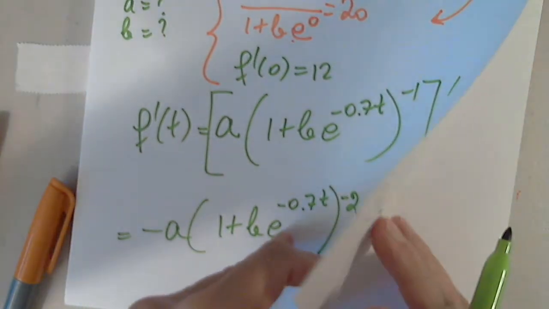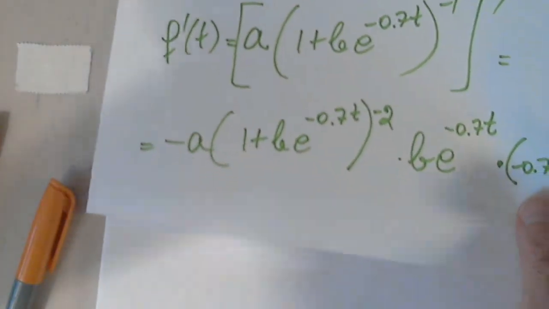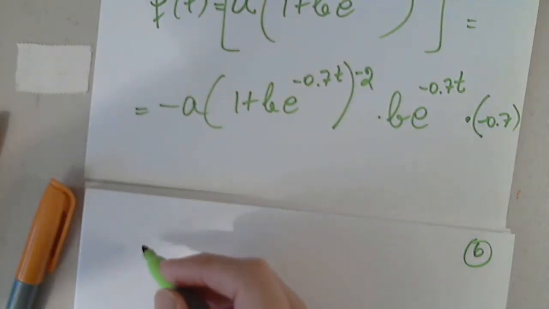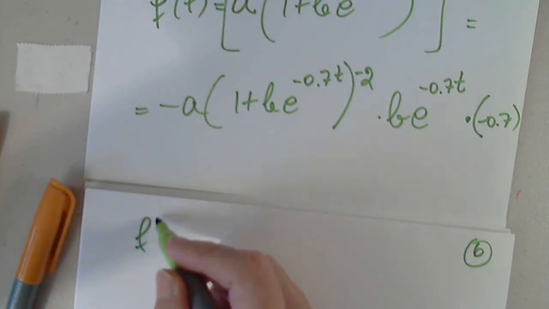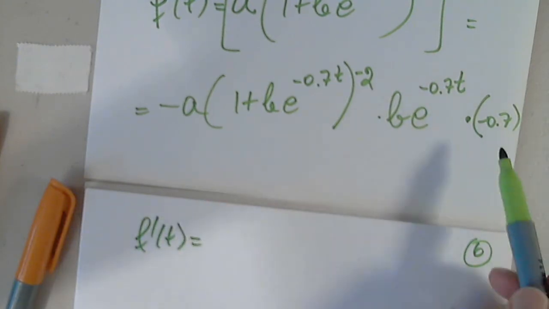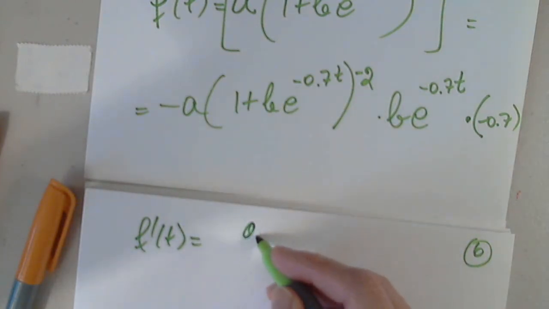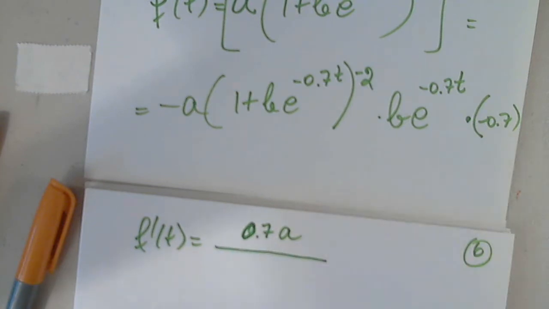Now I have to rearrange a little bit. So let's see what we get. So f prime of t. First of all, I see two negatives. So it's 0.7a, this and this, and also b.